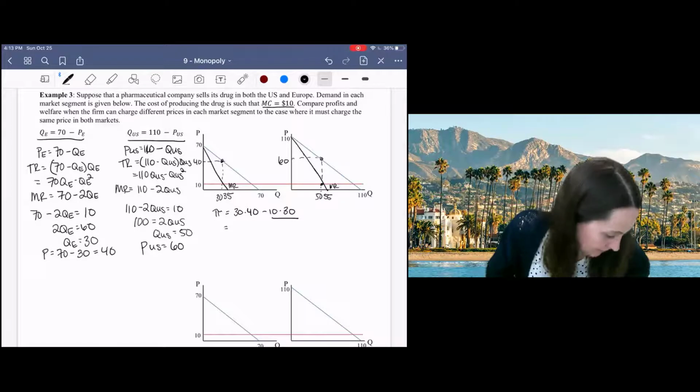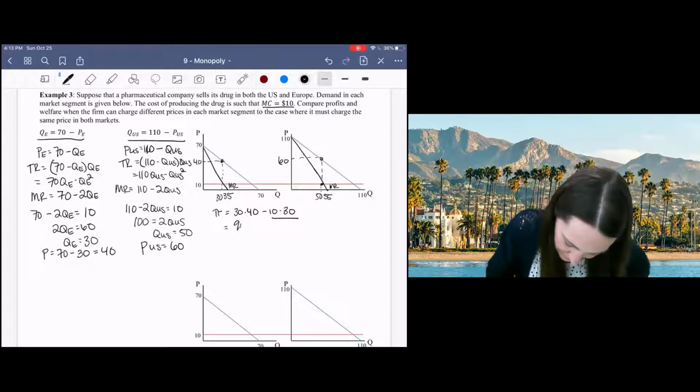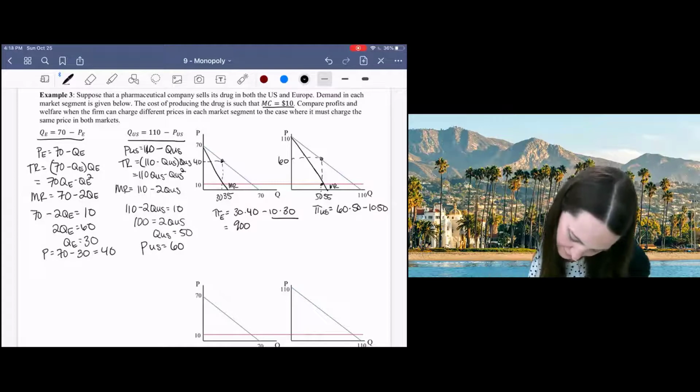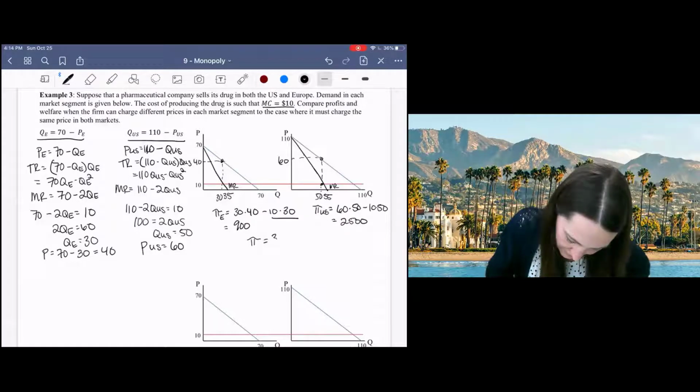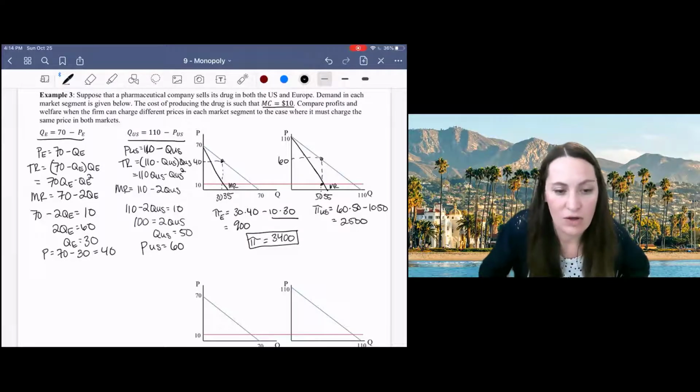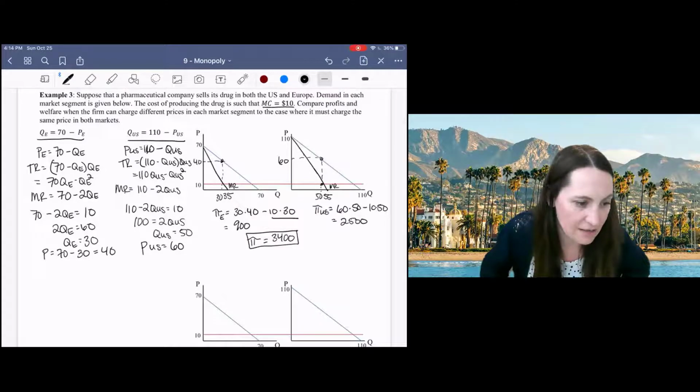So we got $900 from the European market, and from the US market, we get 60 times 50 minus 10 times 50, which gives us $2,500 in profit. So total profit is going to be $3,400, and you could also go through and calculate surplus in this example in each market to get total surplus.